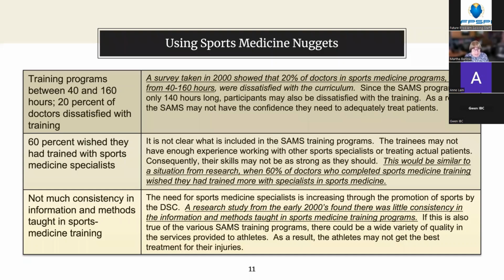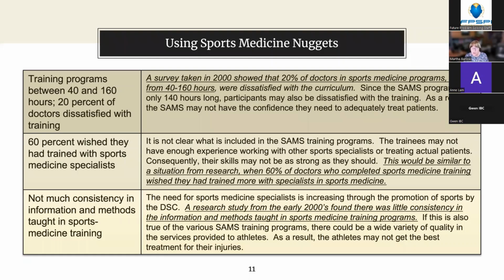The next one puts it in the middle. The need for sports medicine specialists is increasing through the promotion of sports by the DSC, which was an organization in the future scene. And then in the middle, a research study from the early 2000s found there was little consistency in the information and methods taught in sports medicine training programs.